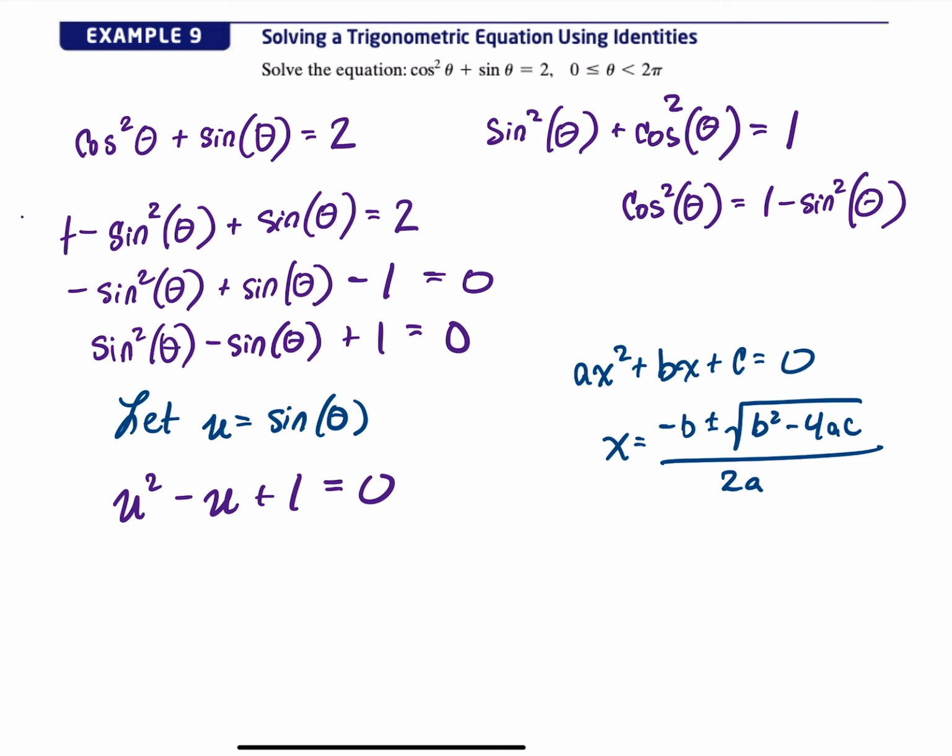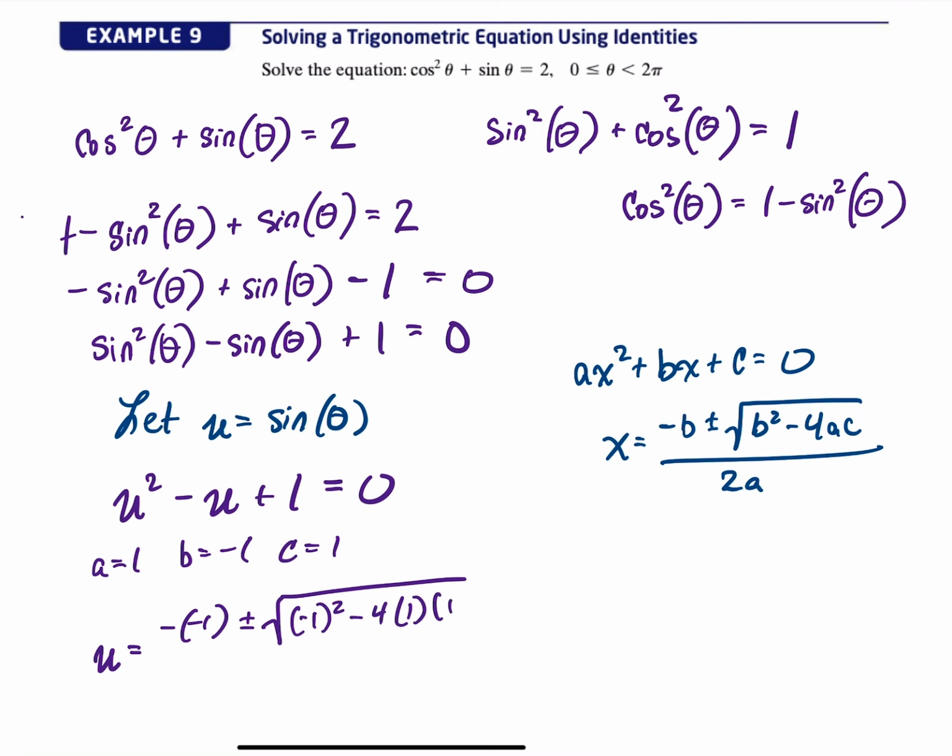So in this case, our a is 1, our b is -1, and our c is 1. So we could say u equals -1 plus or minus the square root of -1 squared minus 4 times 1 times 1, over 2 times 1.